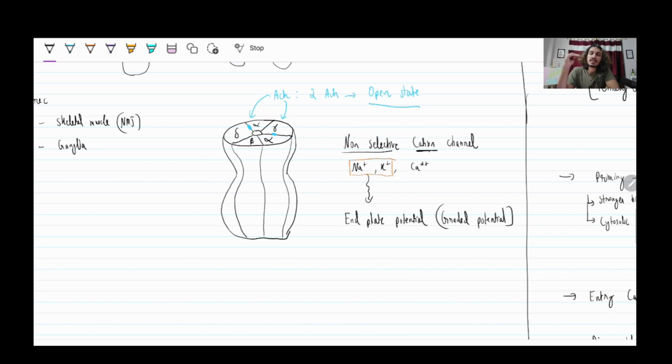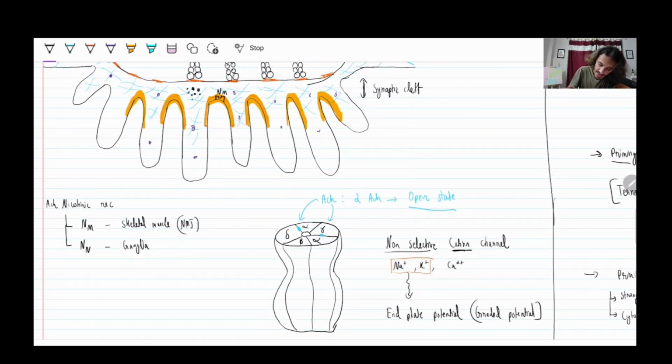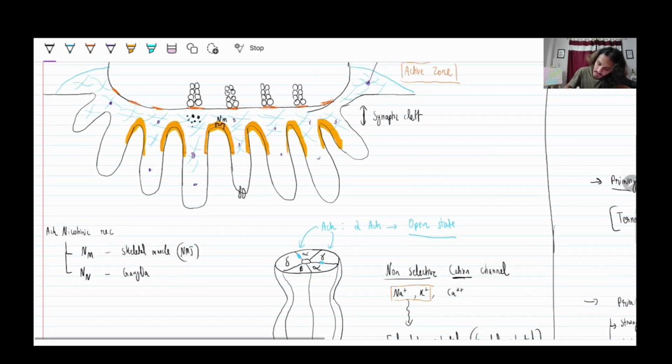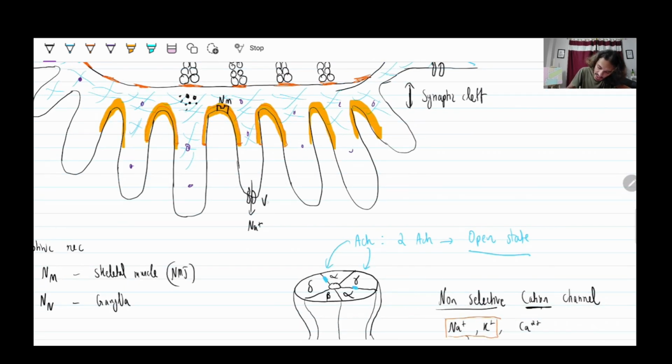Okay, now once this end plate potential reaches a particular threshold level, that is when another group of channels are opened up over here. So that opening up of these channels will result in sodium influx. This is a type of voltage gated sodium channel.